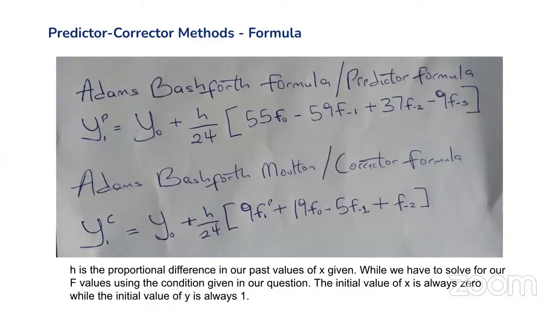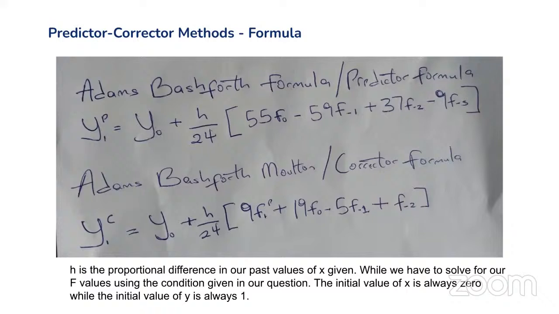The value of y0 at the initial point is always 1, while the value of x at the initial point is always 0. h is our step size, just like what Miriam has been talking about earlier. In some questions you might be given the step size, while in some you might only be given the values of x.